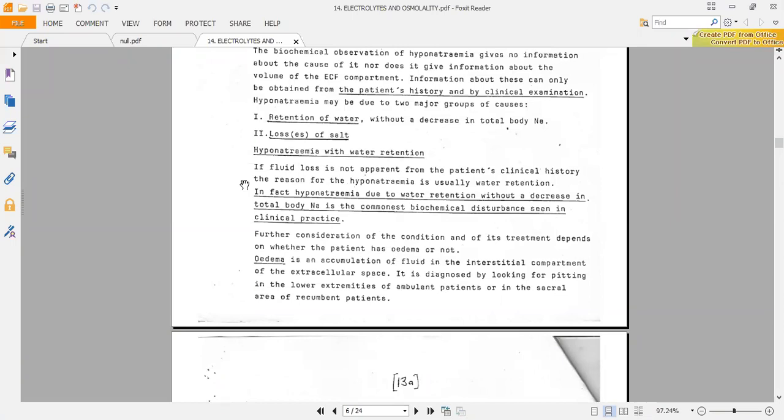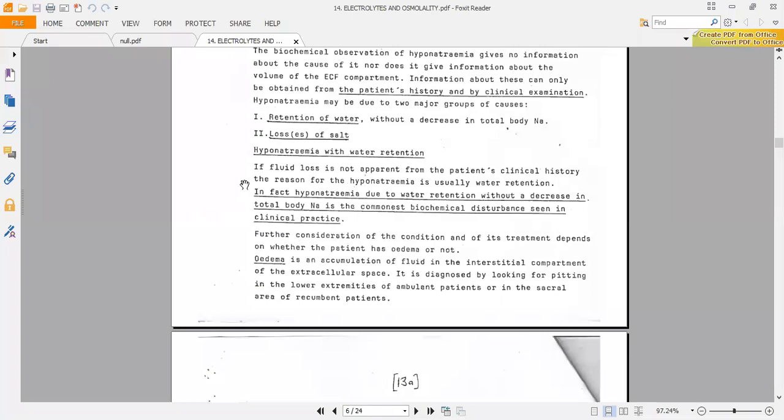We have those that will present with edema and those who will not present with edema. And yesterday, I was explaining what edema is, okay? And I said edema is when you have fluid accumulating in the interstitium. So for this one, we check it clinically, okay? And the way we check this clinically is to press the skin against any bony prominence, okay?